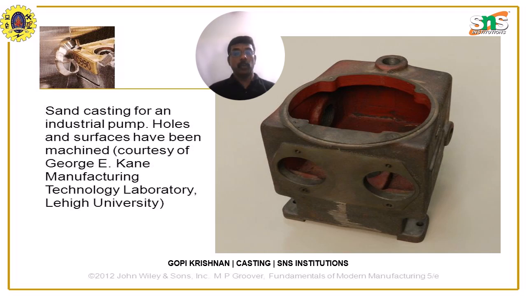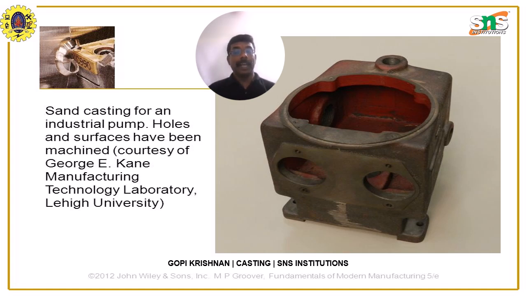This is one of the examples of sand cast components. The sand casting shown here in the picture is an industrial pump. This is a cover for the industrial pump. The pump is a component which moves liquid from one place to another using pressure energy.